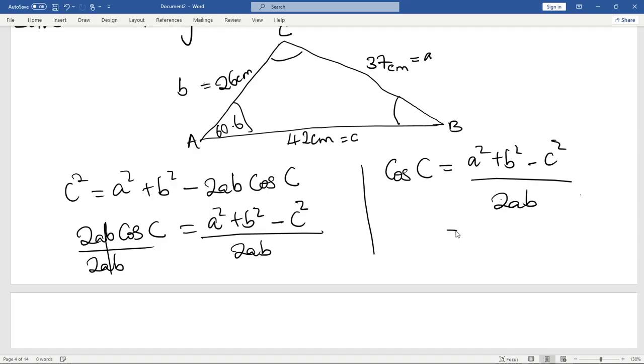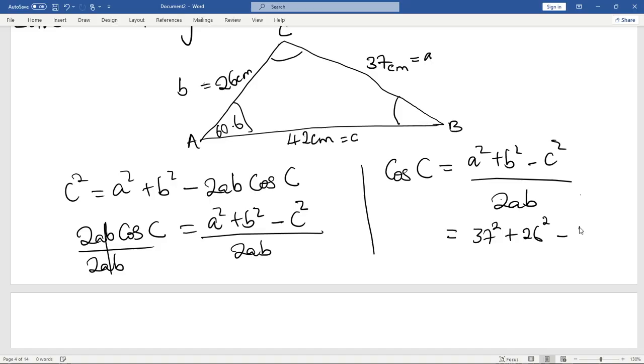So now we can go ahead and substitute the values of A, B and C respectively. The value of A here is 37. So we have 37 squared plus the value of B, which is 26, so we're going to get 26 squared, minus the value of C, which is 42.